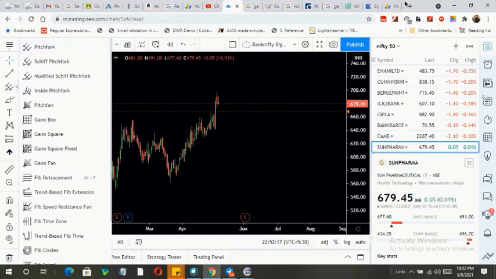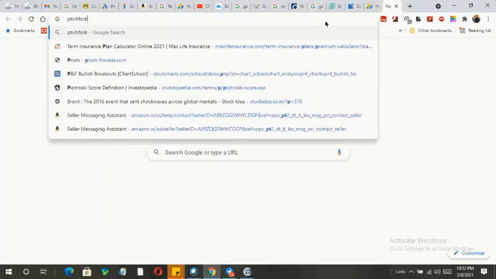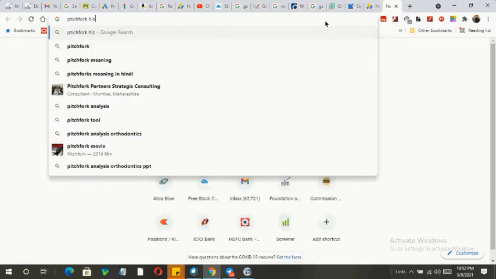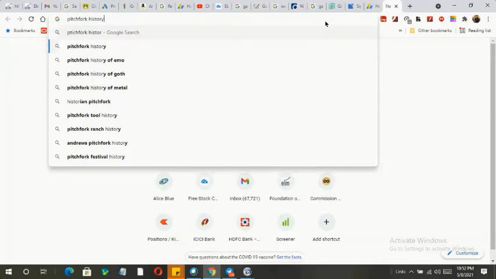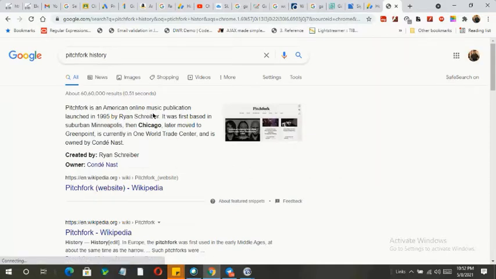So if you want to see the history of the pitchfork, you will get many details on Google. Okay, the Pitchfork American online music publication launched in 91.